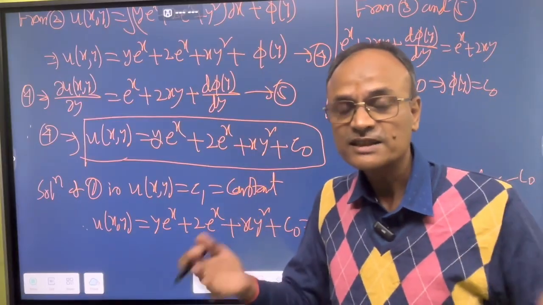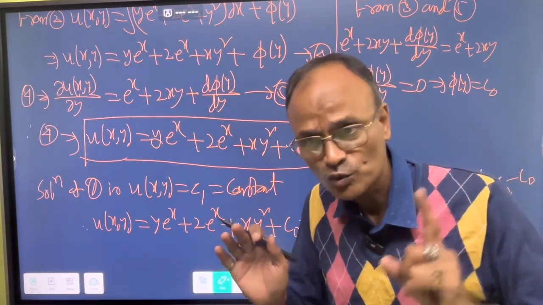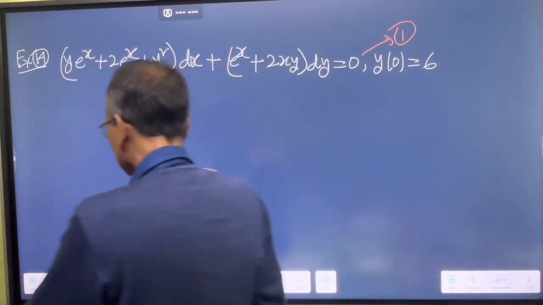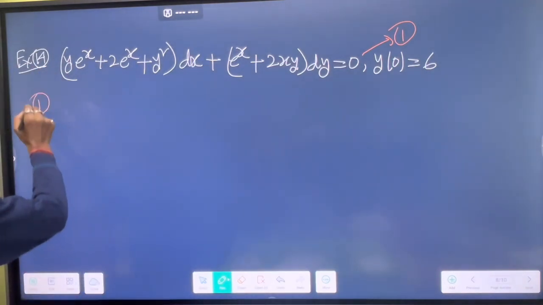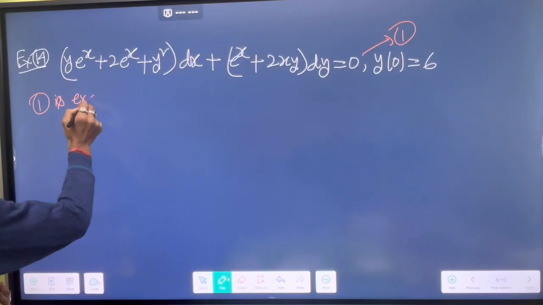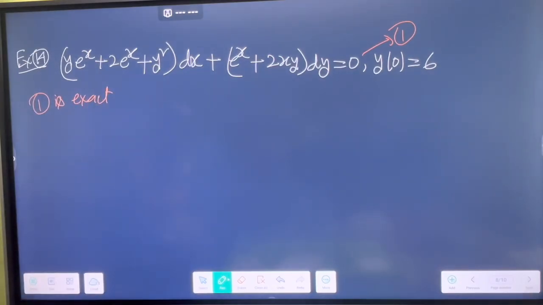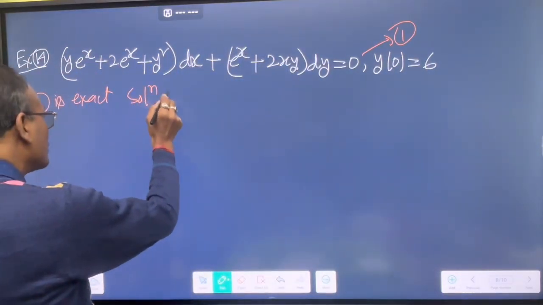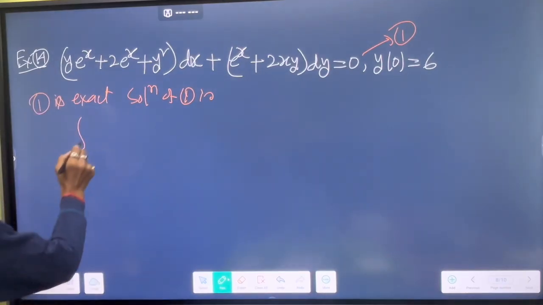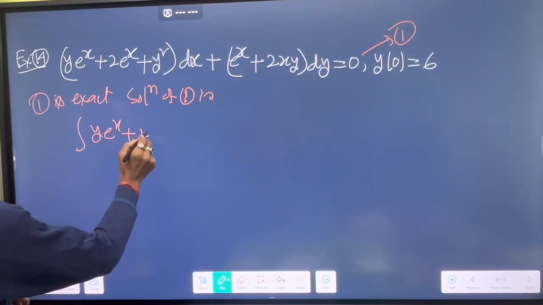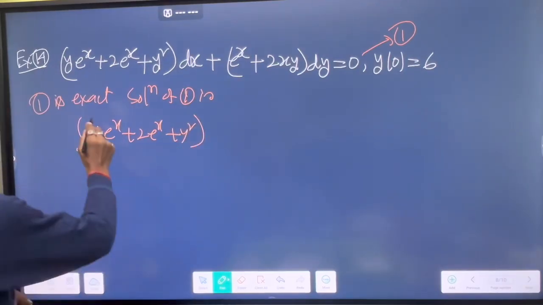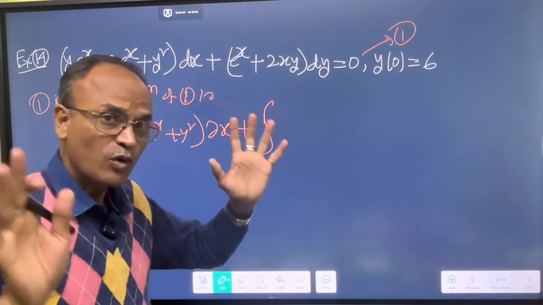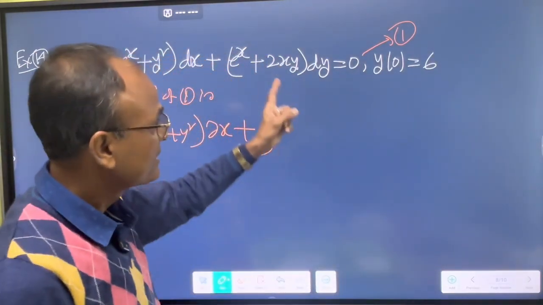Now, let us try to solve this equation by method 2. (1) is exact. We have already proved (1) is exact. Therefore, the solution of (1) is the integral of M dx, treating y as constant, plus the integral of N dy, taking only those terms which are free from x.